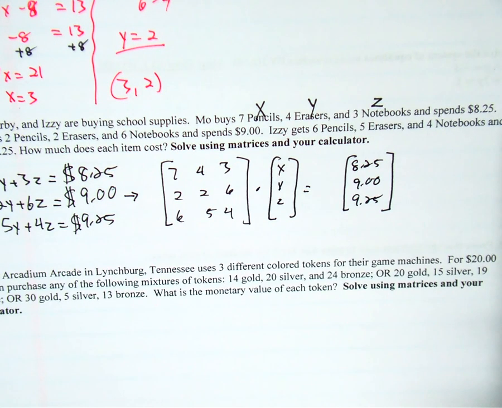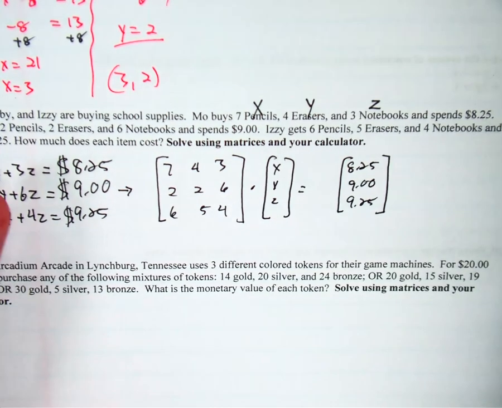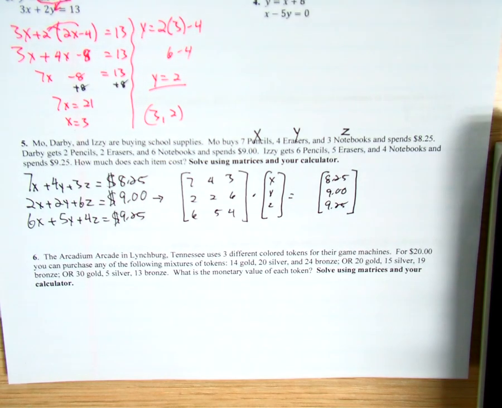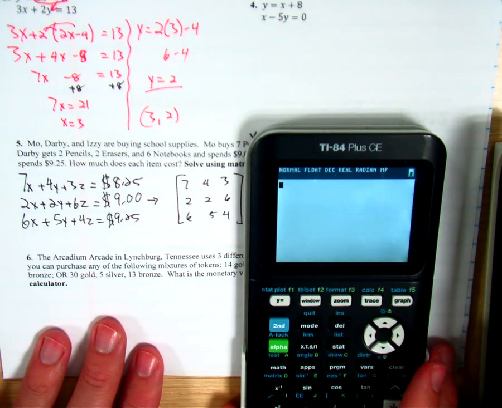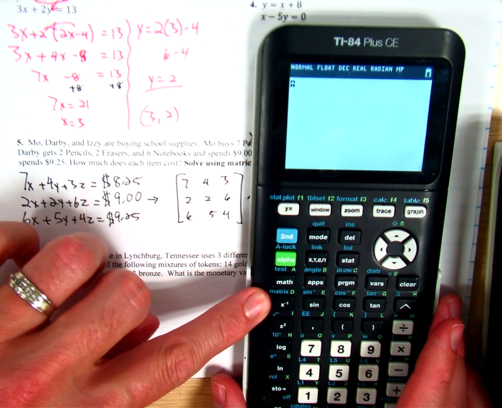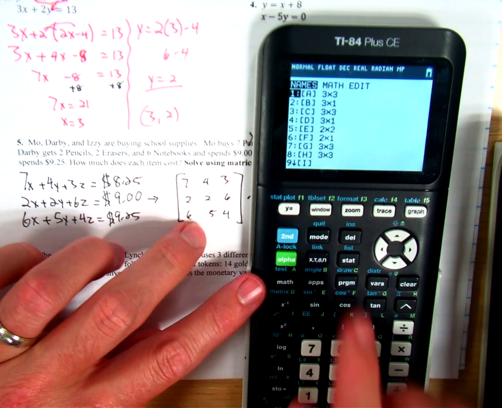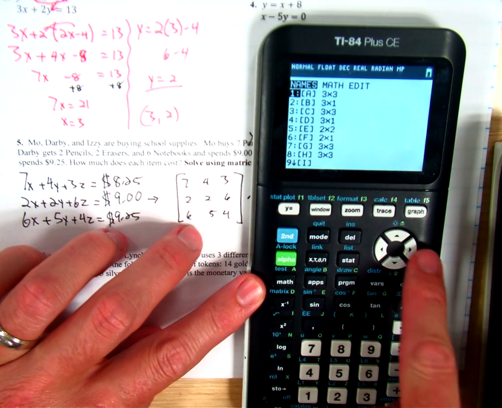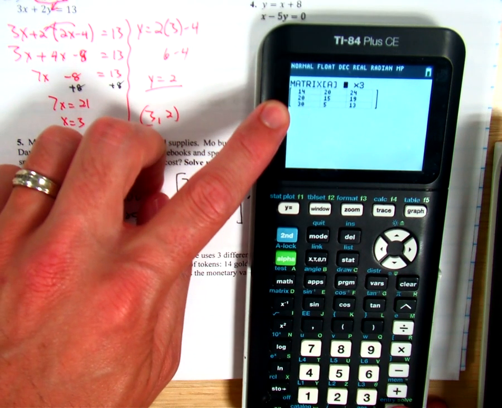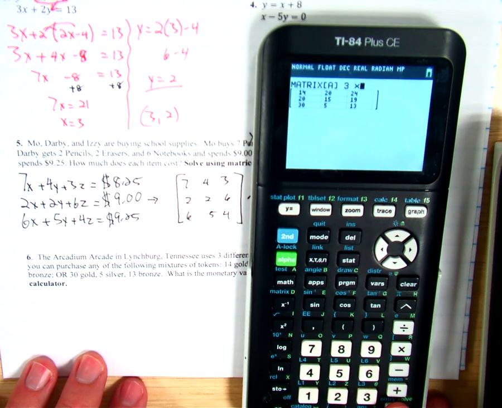All right, typing that in. Let's zoom out a little bit so I can see the whole thing. Okay, second matrix. Slide over to edit. And we're going to edit our first one, matrix A, and we want that to be a 3 by 3.